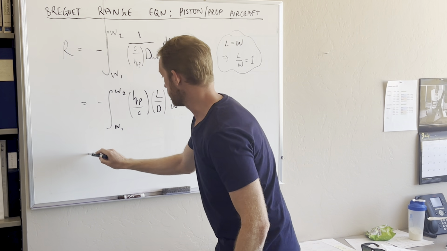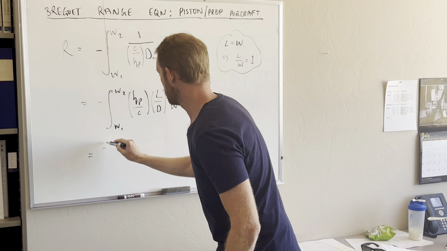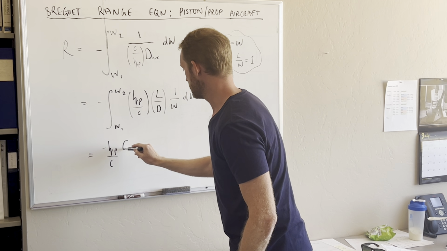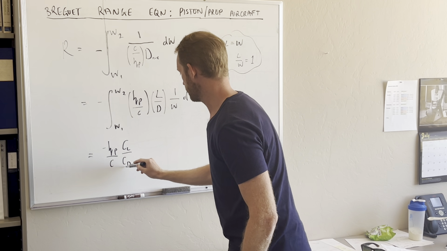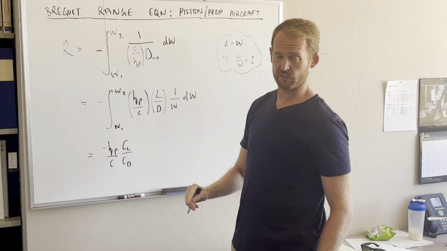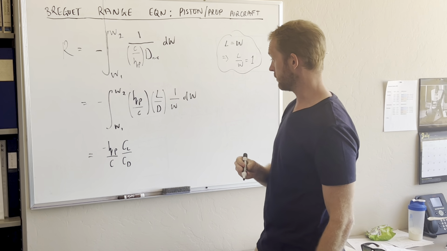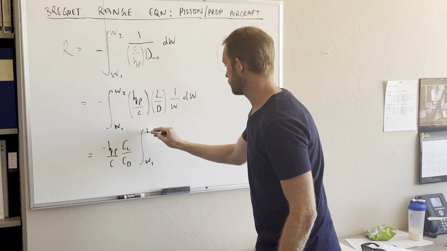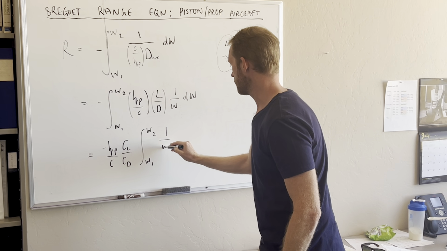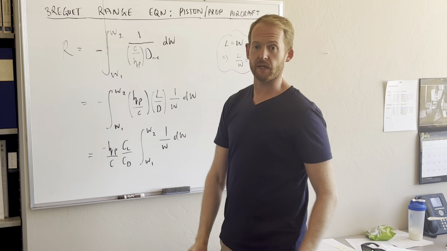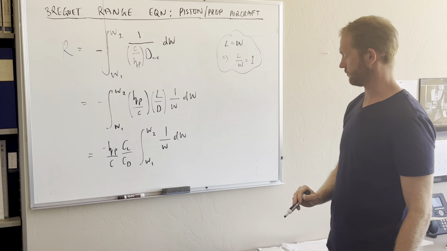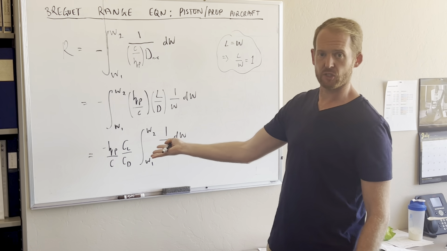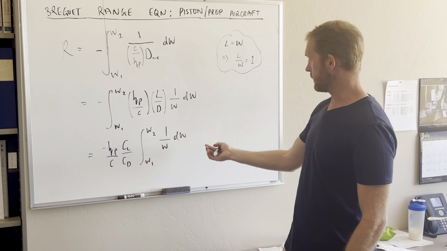So out the front now I will have eta prop over C. Again, converting these magnitudes into coefficient form just so that the equation is a little bit more generic. And then I've just got the integral of 1 over W with respect to W. So pretty straightforward, right?